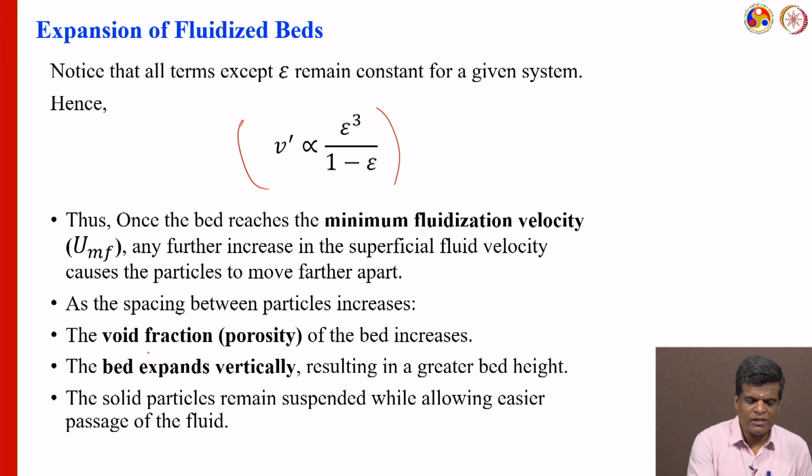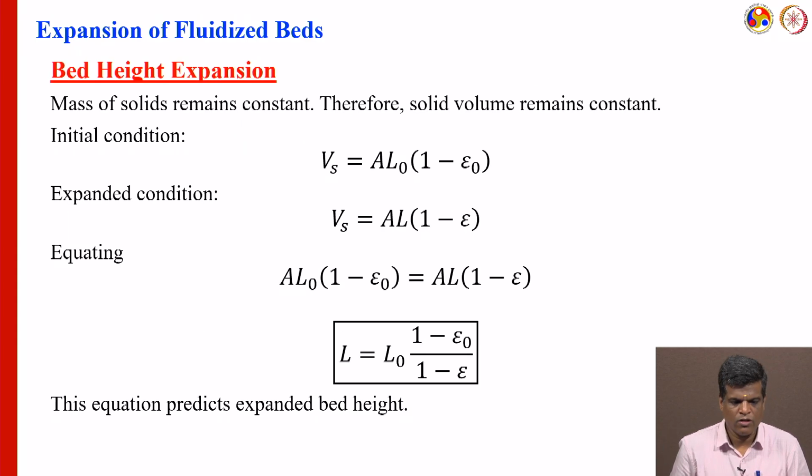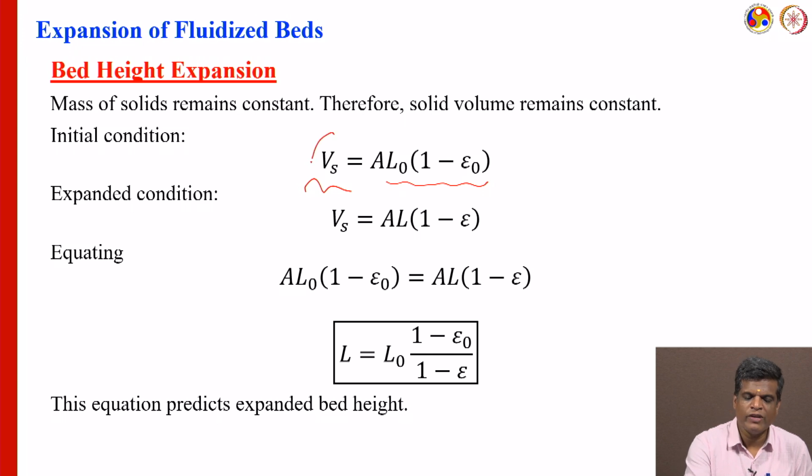Then the void fraction, the porosity of the bed, also increases, and the bed expands vertically, resulting in a greater bed height. The solid particles remain suspended while allowing easier passage of the fluid. For the bed height expansion, we know that the solid volume Vs equals A L naught times 1 minus epsilon naught. If it expands, what will happen?